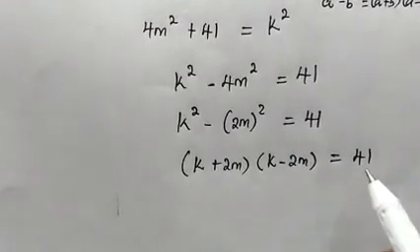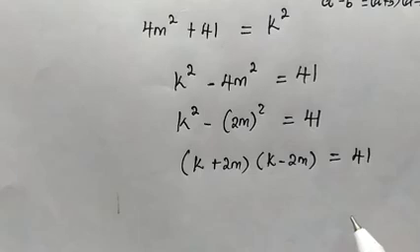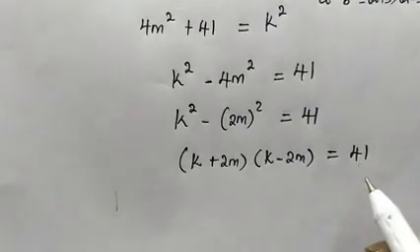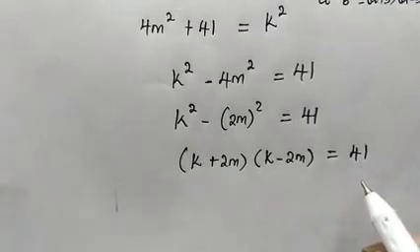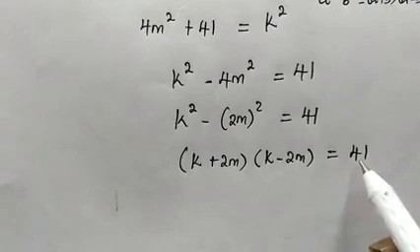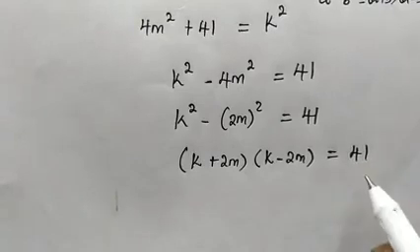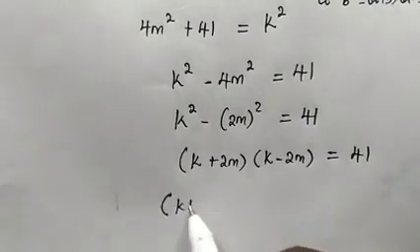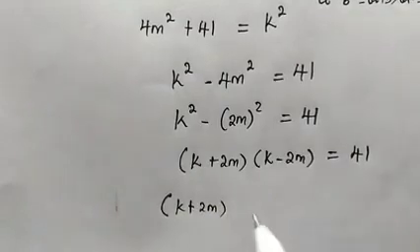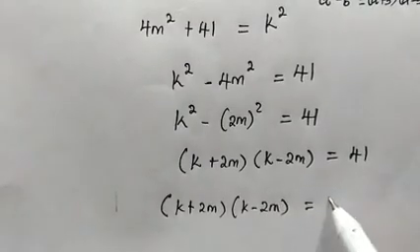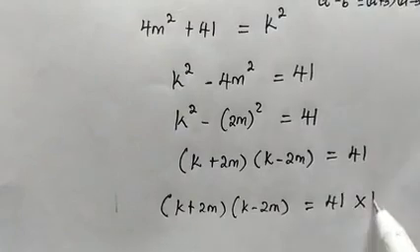Okay, now we know that this 41 is prime, right? So we need to consider its factorization. 41 is prime, so it has only two divisors, which are 41 and 1. So we only have the case where k plus 2m multiplied by k minus 2m is equal to 41 multiplied by 1.